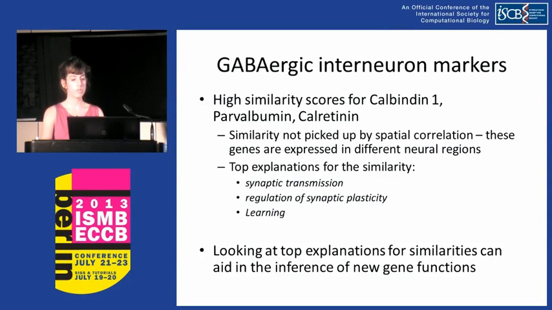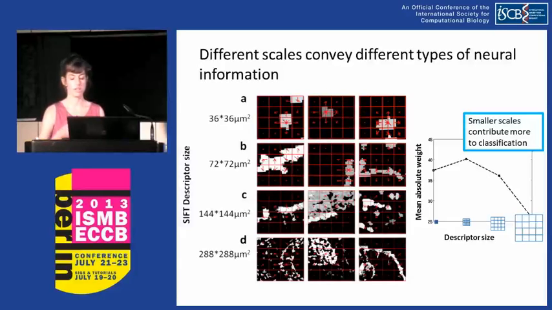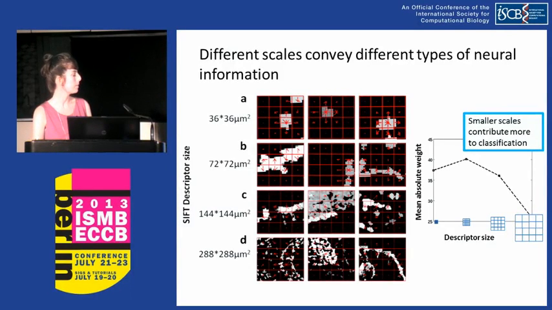But I think that the really cool thing about this work is the fact that we're able to map the descriptors back onto the images, and then we can really see the small-scale discriminative patterns. I think it's a new way to look at these images that nobody tried before. Here you can see the 3 most discriminative visual words for each scale, descriptor size, basically.